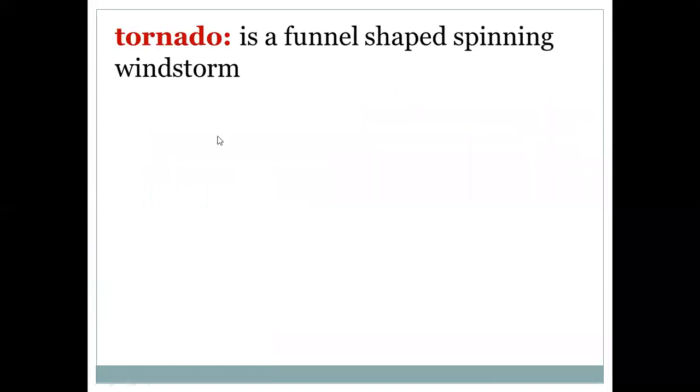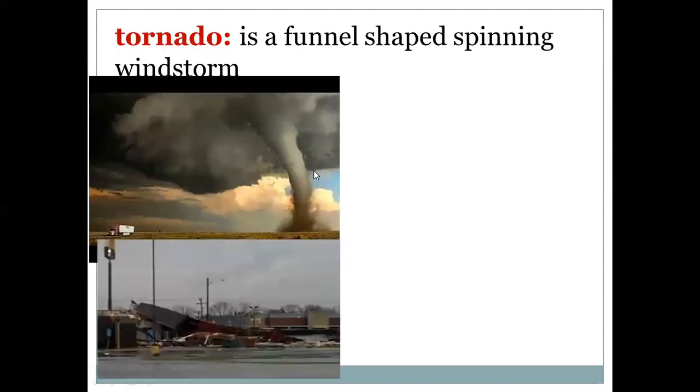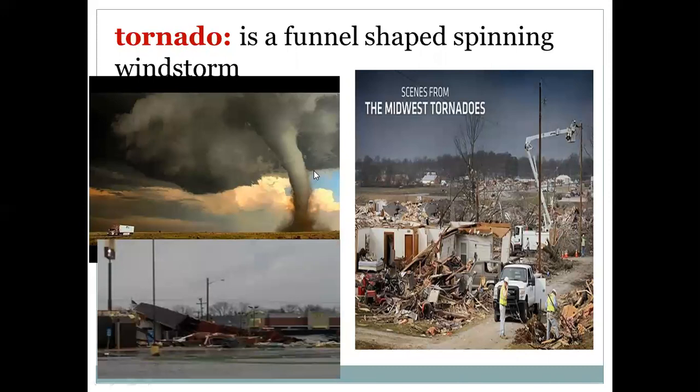All right, number 2, we have the word tornado. A tornado is a funnel-shaped spinning windstorm. Here are pictures of real tornadoes that happen in the Midwest. Have you seen one for real? Actually, I've seen one when I was a kid, and of course, I got so scared.